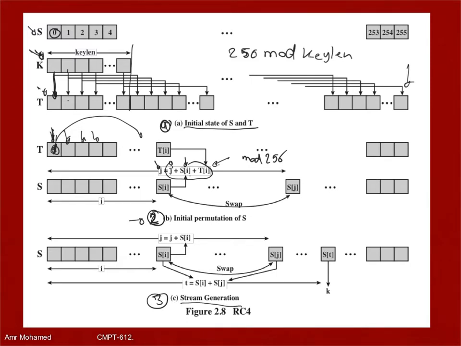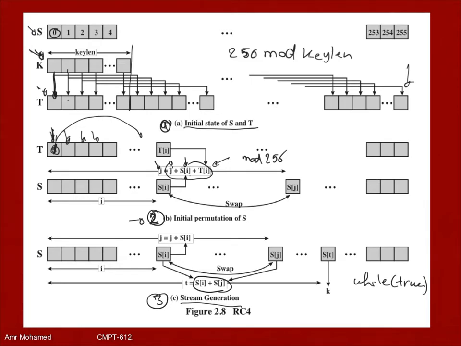Stream generation here is of any size. If you look at the code in the book, it will be like while true. It's not a for loop with i from 0 to 255; here it's while true. So you can do this step as many times as you want.